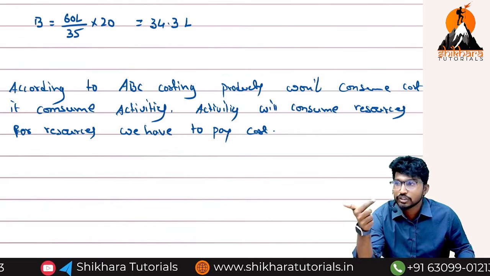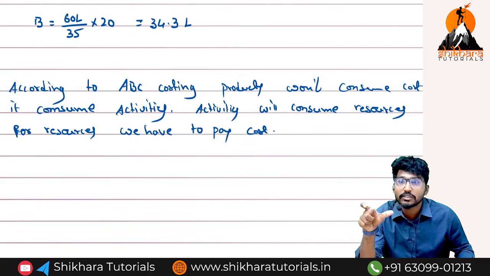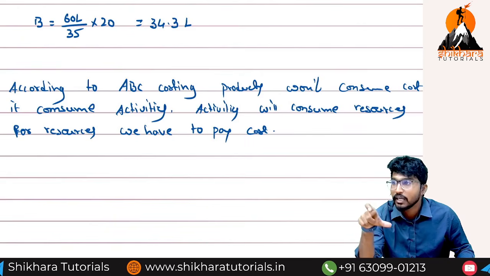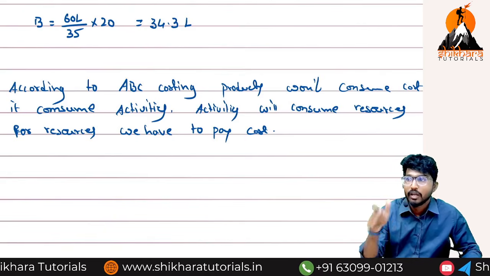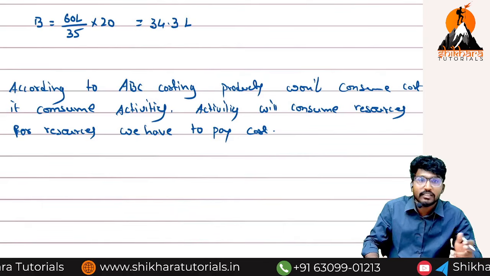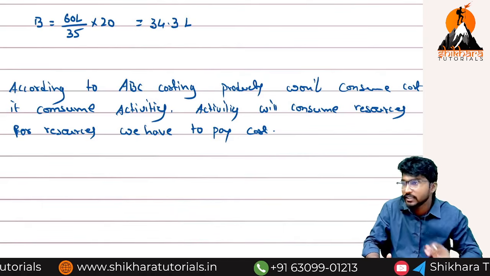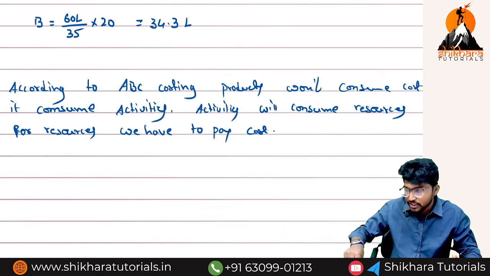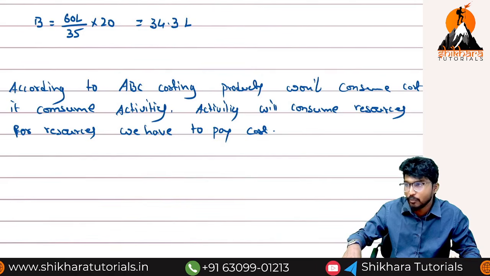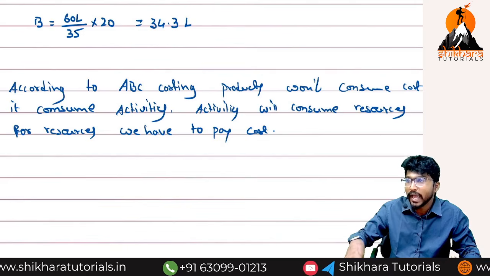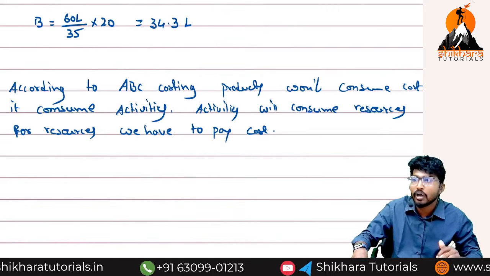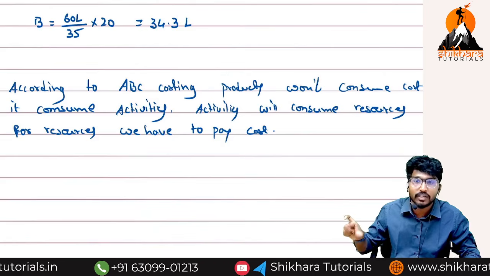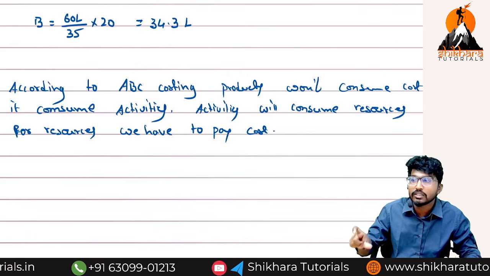For which purpose are we using these resources? After linking the resources with activities, find the cost object. Now apportion this total cost of the activity to the cost object, using activity cost driver, not resource cost driver.